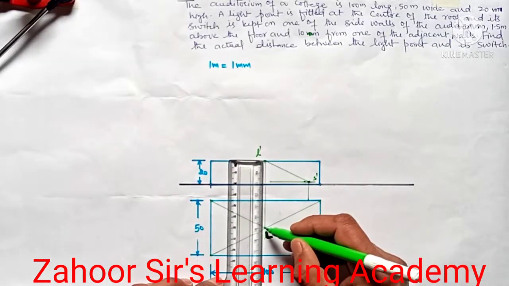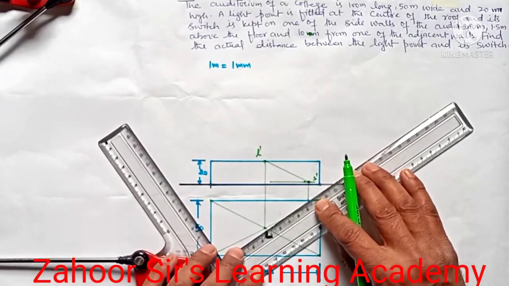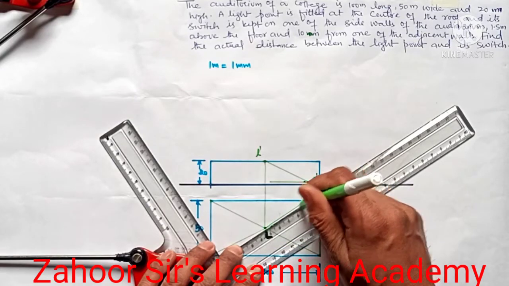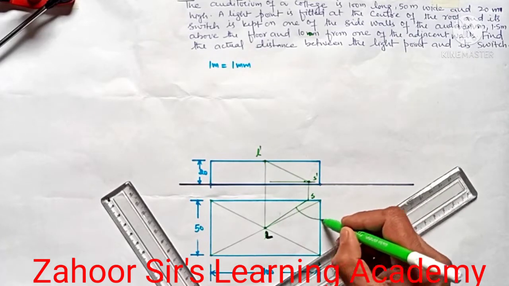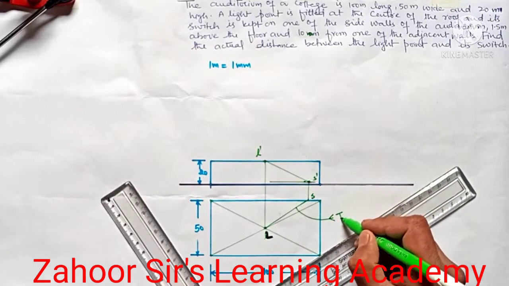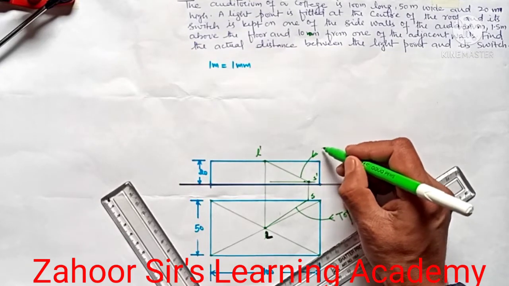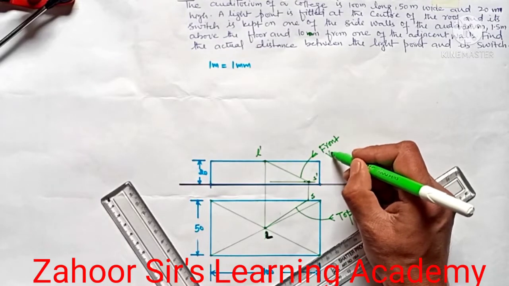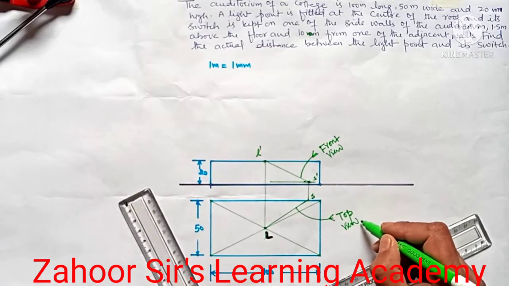Now I can connect these two points, L with this point, to give me the S. Now this is the top view and this is the front view.